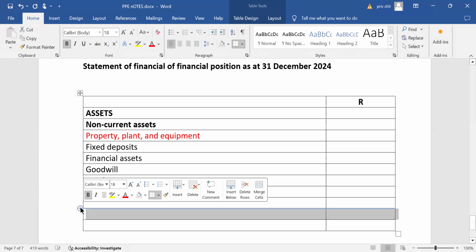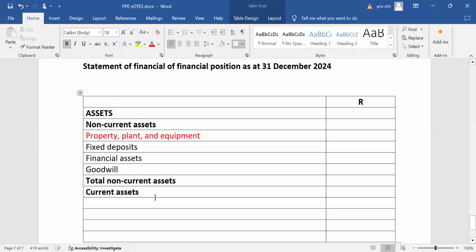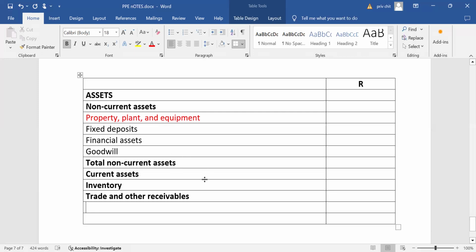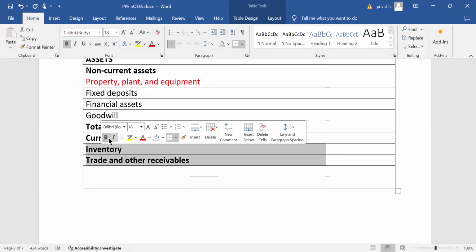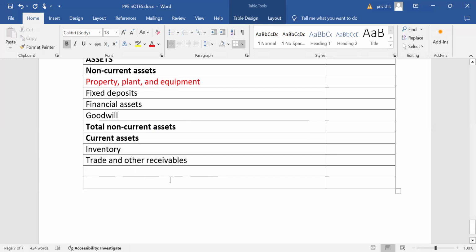Your current assets are usually made up of things like inventory, trade and other receivables, just to name a few. Trade and other receivables also cover your trade debtors, even prepaid expenses, just to name a few, guys. It forms part and parcel of your current assets.